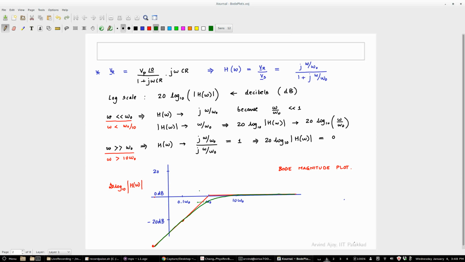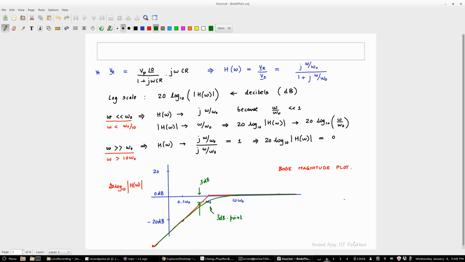And at omega equal to omega 0, you can find out what this value is going to be, and you can show that this is actually 3 dB.